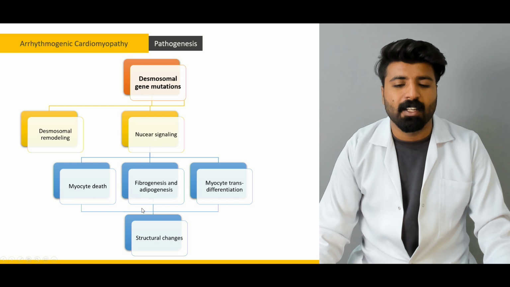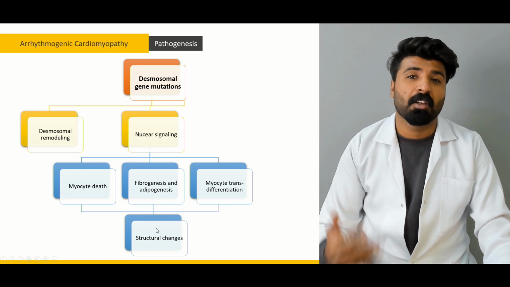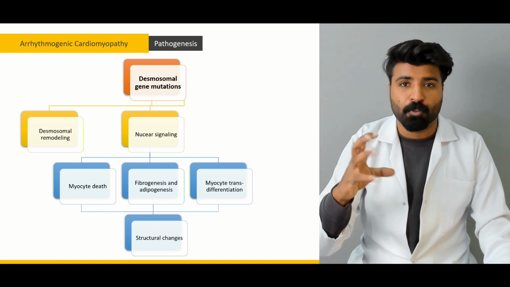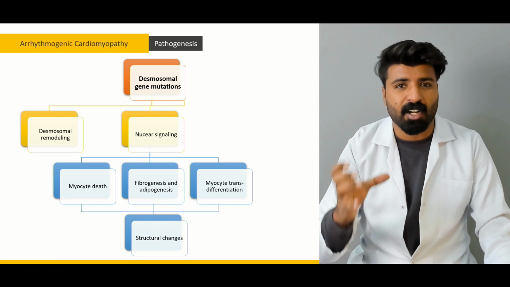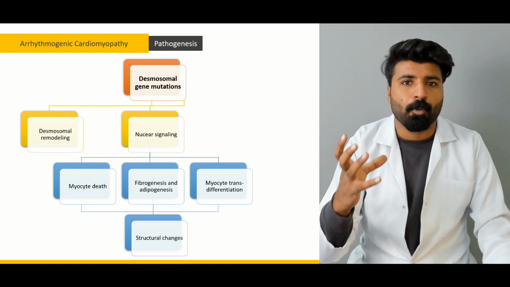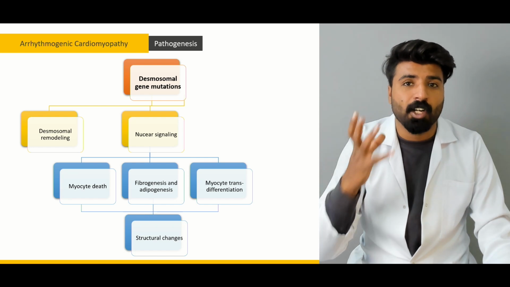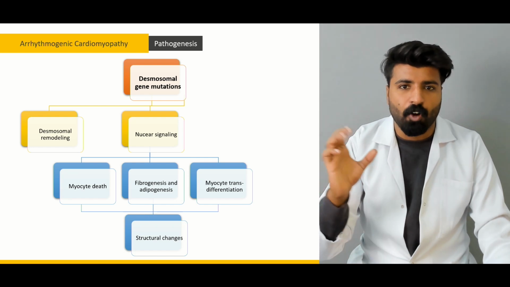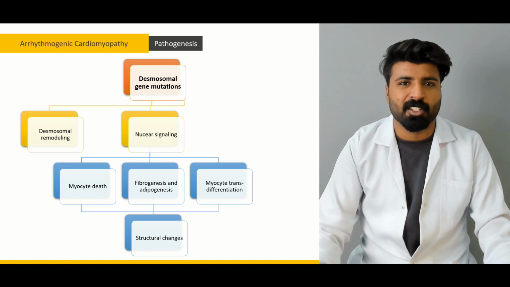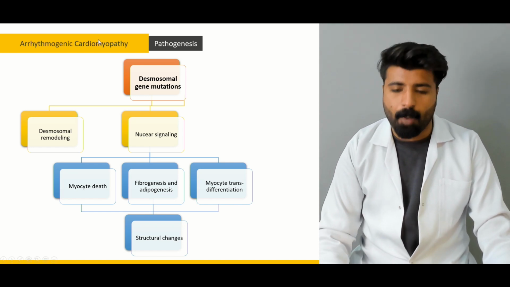All of this will lead to structural changes which will actually incapacitate the heart. The heart won't be able to function properly because some myocytes are dead and some are replaced by these structures. So the heart is not acting properly because its structural differentiation is not up to the mark. It does not have all those myocytes; they've been replaced by other structures. So this will lead to arrhythmogenic cardiomyopathy.